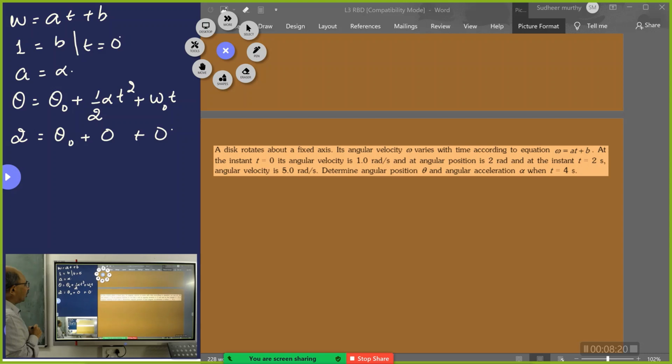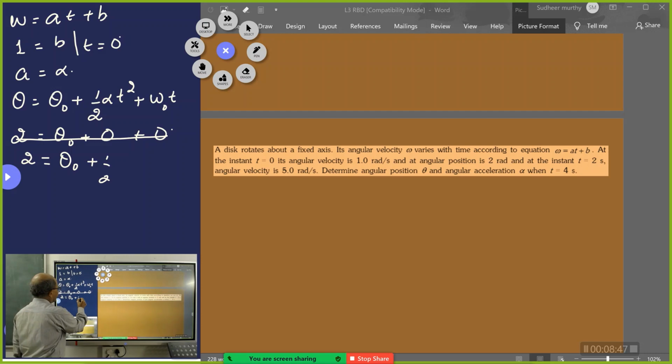At t equal to 2 seconds, the angular velocity is 1, and angular position is 2 radians. Sorry, angular position is 2 radians at the instant of time 2 seconds. So half into alpha into 2 square.